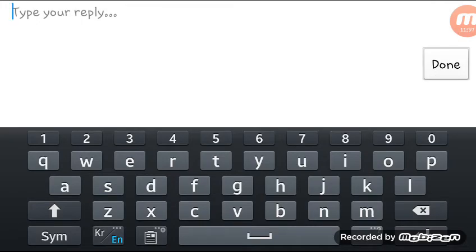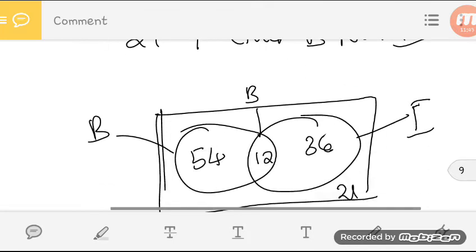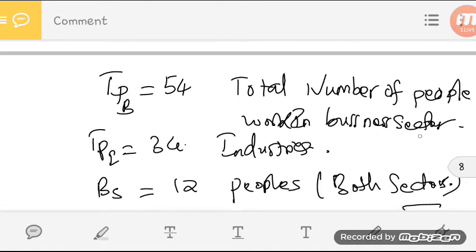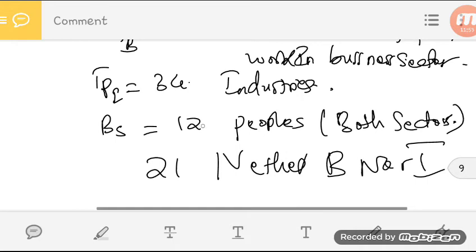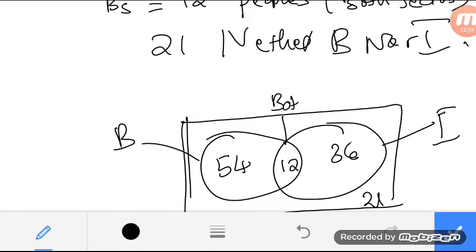We label it as I, and 12 people who will work in both sectors. We label it there as both sectors.